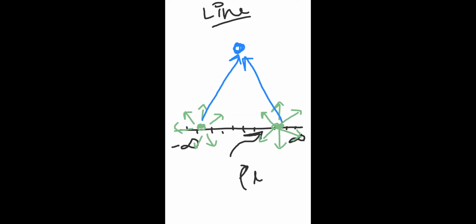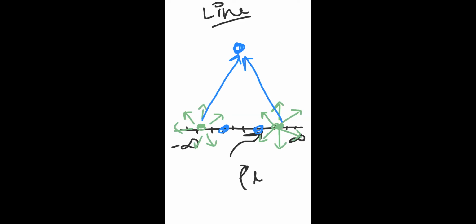Like this, again, there will be charges here also. These charges also will contribute some electric field. First, let us see what this contribution is. Once the contribution is like this, how can you resolve this vector into horizontal and vertical components? Whenever you have a vector, you can resolve it into horizontal and vertical components.